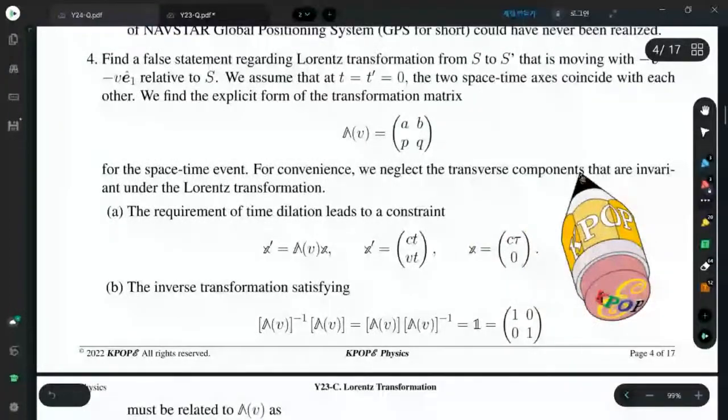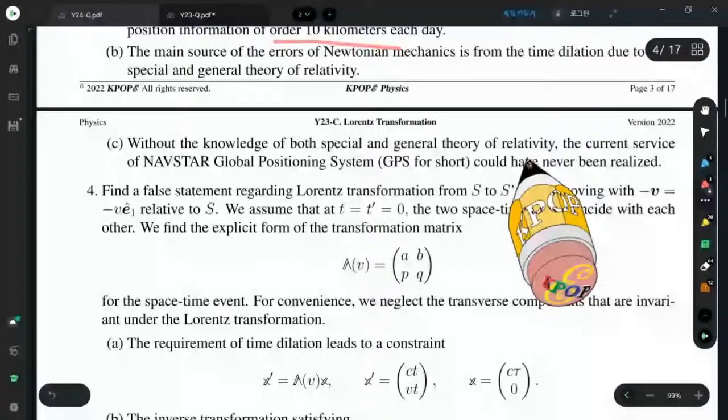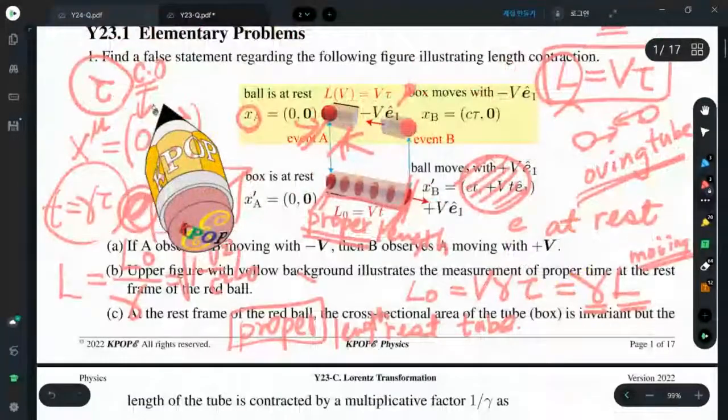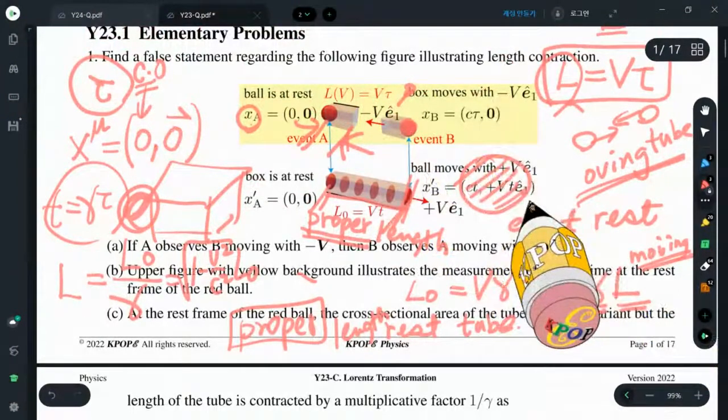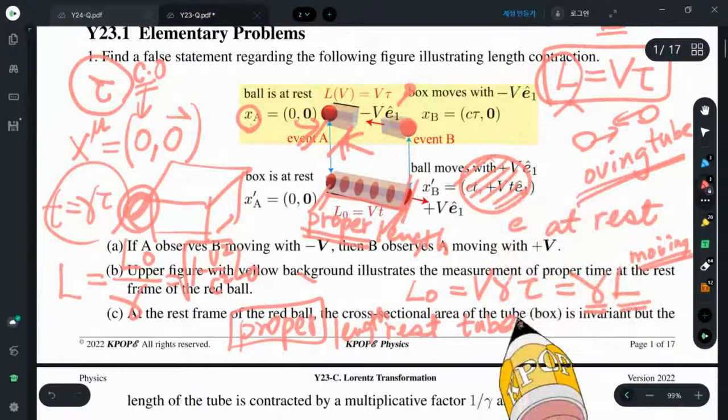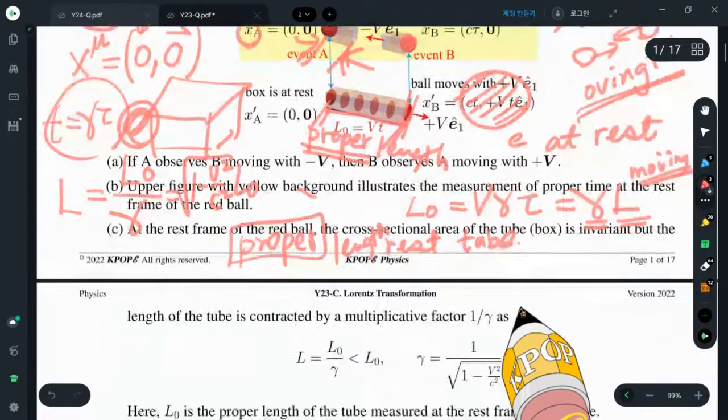Let us consider the transformation matrix that realizes this transformation from this to there, or in the opposite direction. That transformation matrix is called the Lorentz transformation.